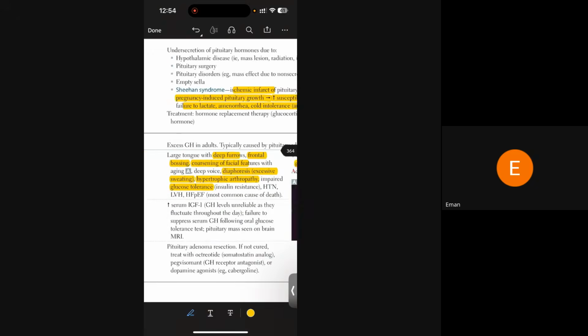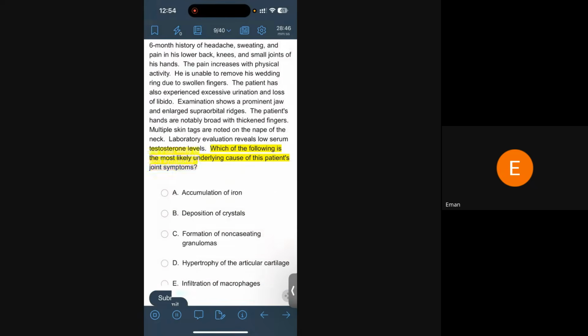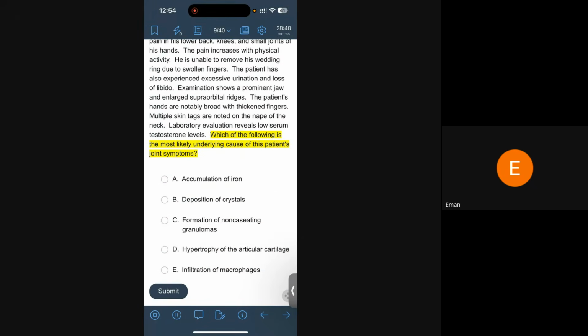Now coming back to the question, what will be the answer here? The diagnosis is acromegaly. Hypertrophy of articular cartilage, because the type of arthropathy we see in acromegaly cases is hypertrophic arthropathy.